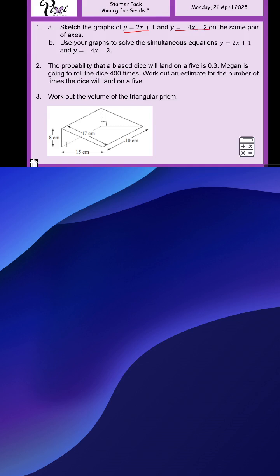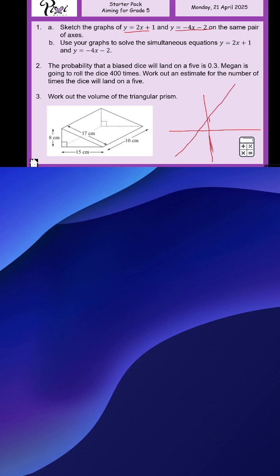I haven't got gridded paper here, so I'm going to do a rough sketch first, and then start labeling. y equals 2x plus 1 looks something like this.